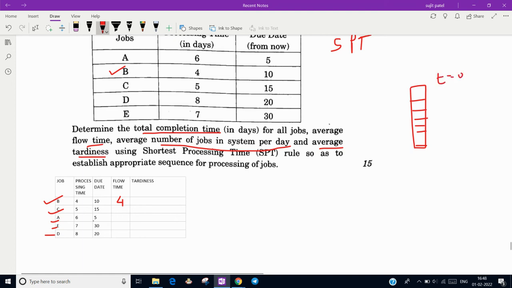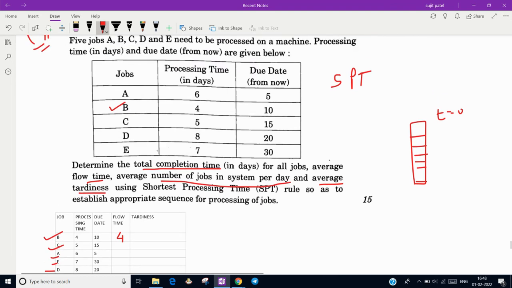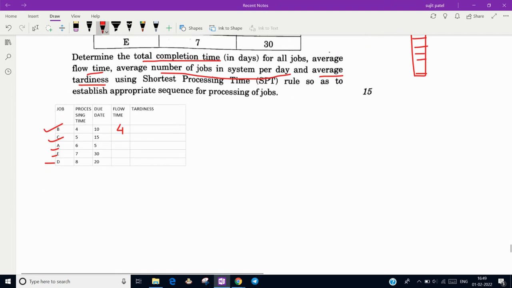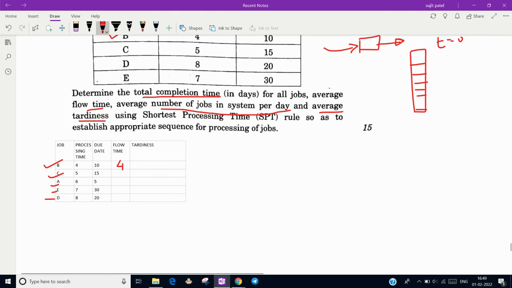But in the shortest processing time and one job, one working station rule, there is one assumption that at a time only one workpiece is processed, and when its processing is done, only then the second product will come. So this product C will have to wait for 4 days, and then 5 days its processing time, so it will be 9, flow time 9 days.